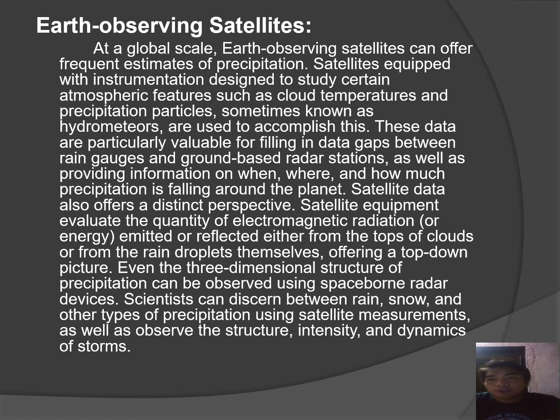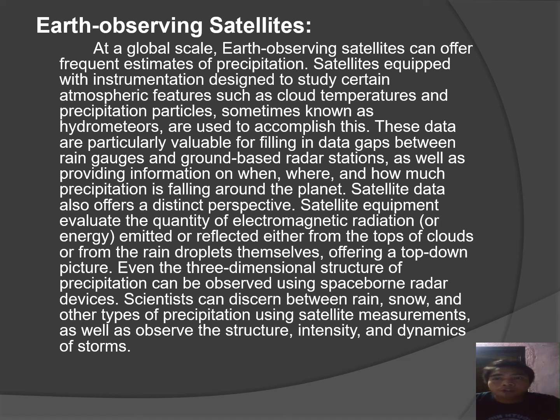These data are particularly valuable for filling in data gaps between rain gauges and ground-based radar stations, as well as providing information on when, where and how much precipitation is falling around the planet.